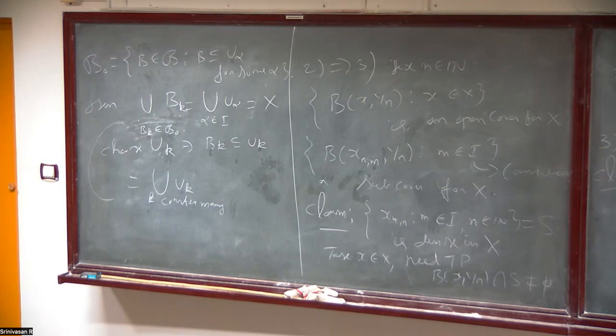So we need to use a new definition, and that definition uses open covers and subcovers. The idea is you want to generalize finiteness. How do you generalize this? After working for some time, someone came up with this idea. The definition is the following.